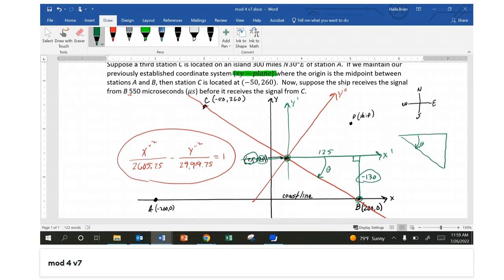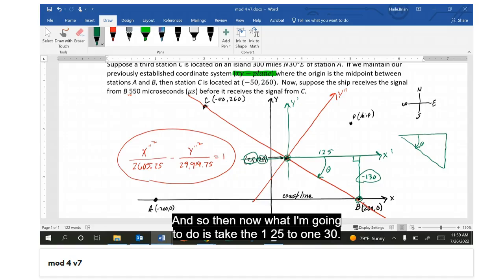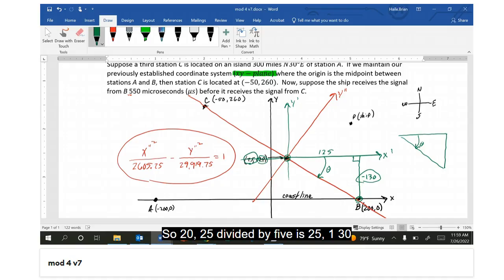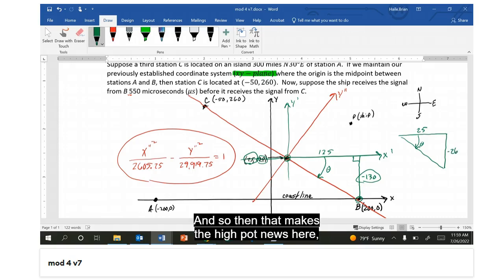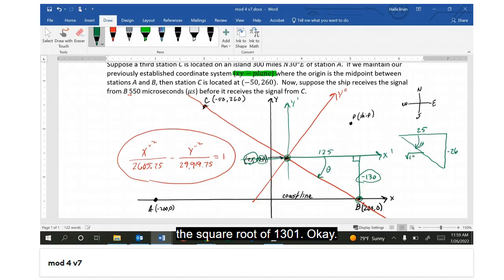Now I'm going to take the 125 and 130, they're both divisible by 5, so I'll do that just to shrink the numbers down. 125 divided by 5 is 25, 130 divided by 5 is 26. And so that makes the hypotenuse the square root of 1301.